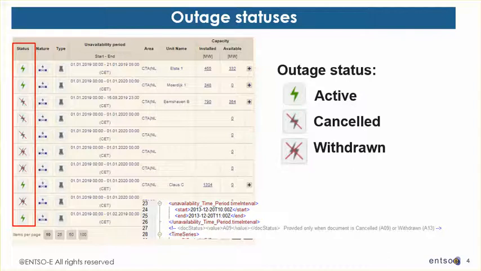So by default we needed to hide cancelled or withdrawn outages. If users want to check what is cancelled, they can always select this and check only cancelled outages, or if they want to check withdrawn outages, they can do this also. But by default, we show only active outages.